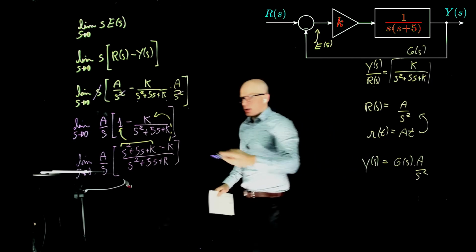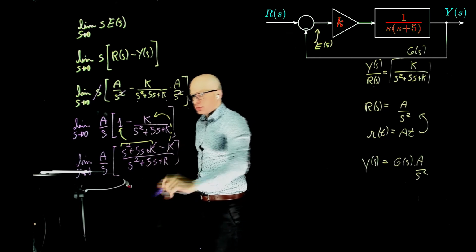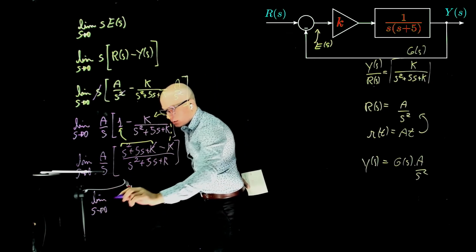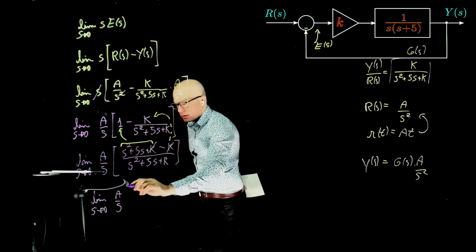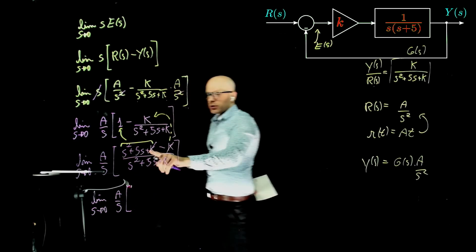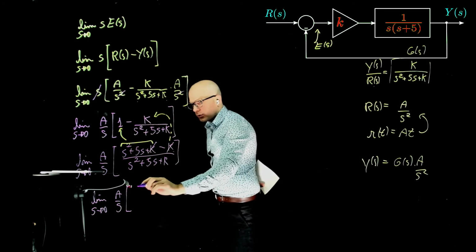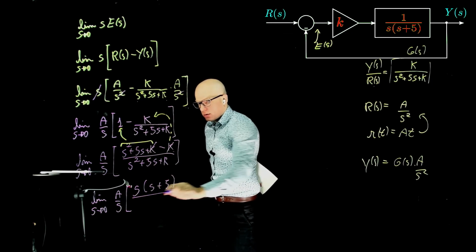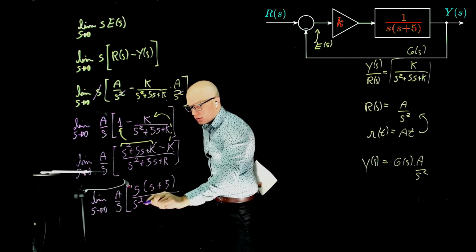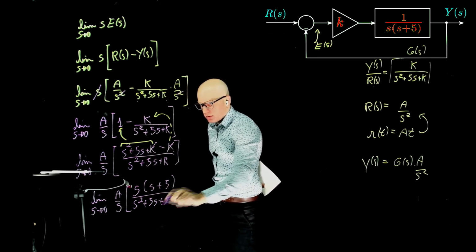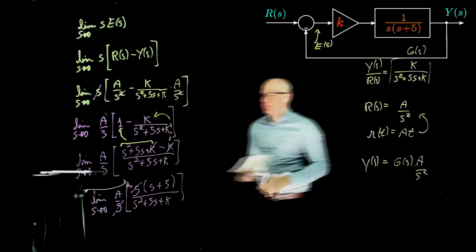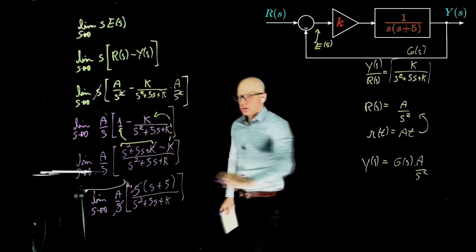So k and k cancel. We have the limit when s tends to 0 of a over s times, you see now that the k cancels out here, we can factor out 1 s. So s plus 5 divided by s squared plus 5s plus k. Now this s and that s will go away. And now we can do the limit.